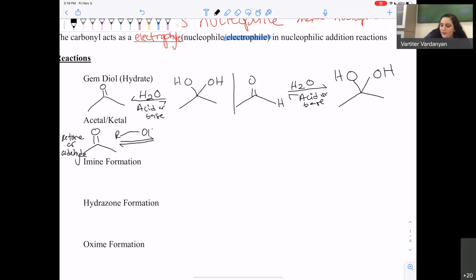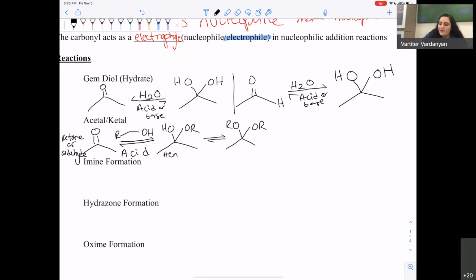So this is any R group on an OH. This time it actually does matter whether we have acid or base. I'm going to show you in acid. If there's acid, we're going to have an intermediate that looks like this, and then we're going to have a product that looks like this.